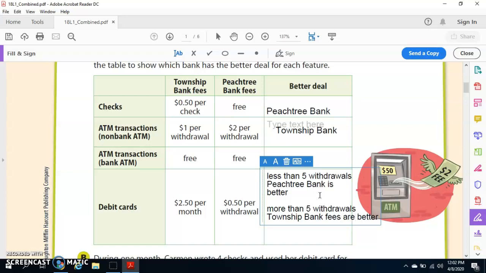And actually, I'm going to word it like the other one. Township bank is better. Okay? So now you kind of have an idea what to look for if you're choosing a bank. You kind of want to take a look at all of this, okay?